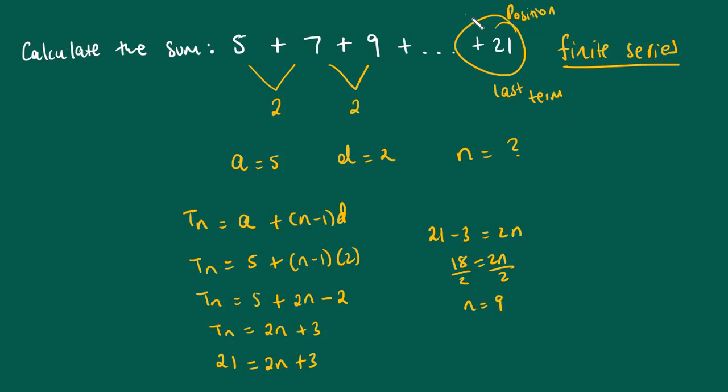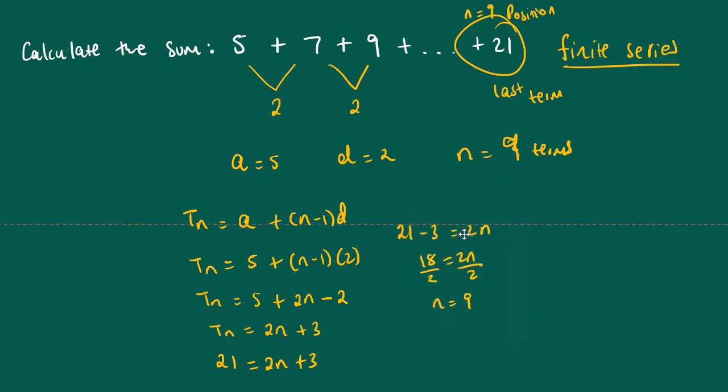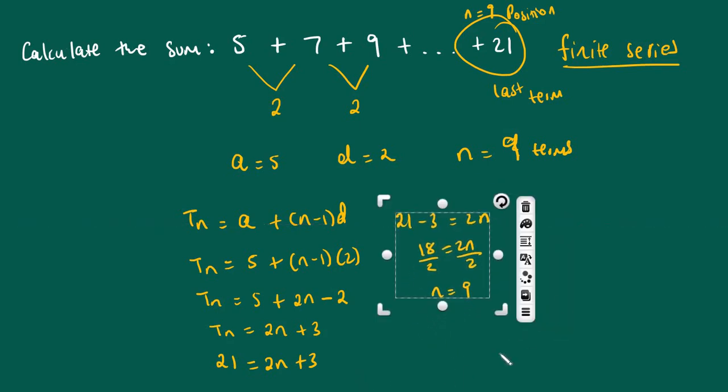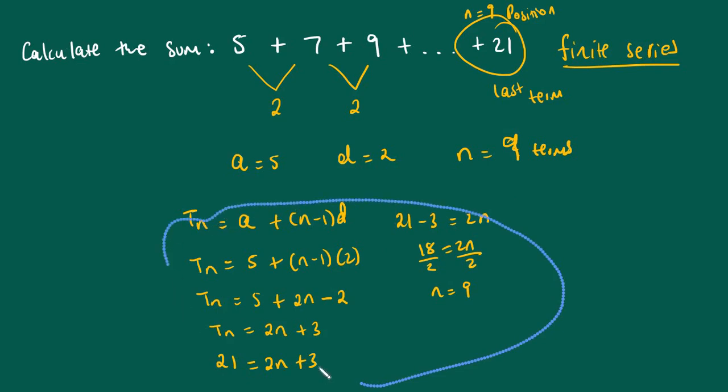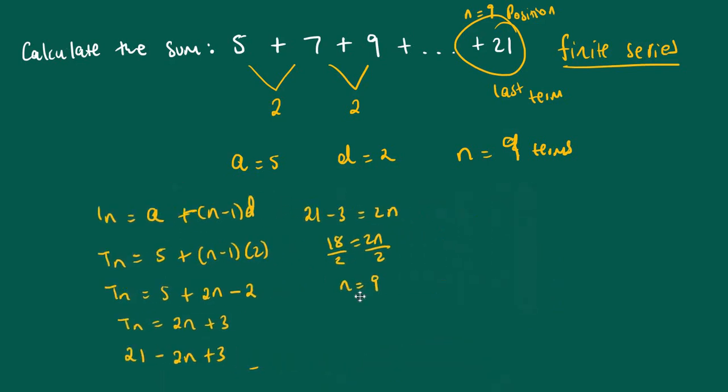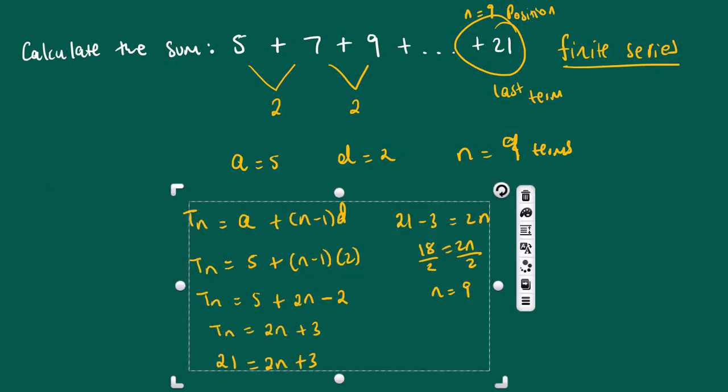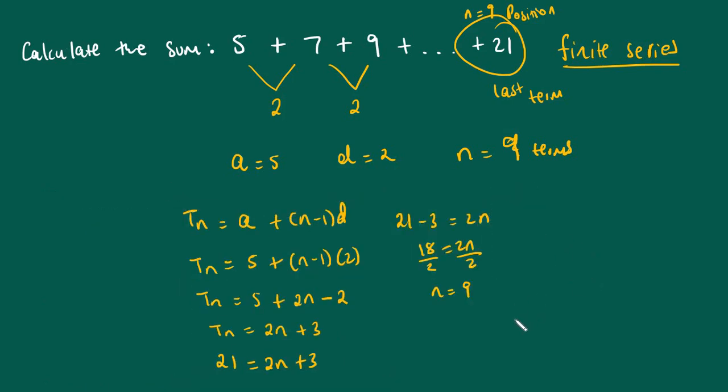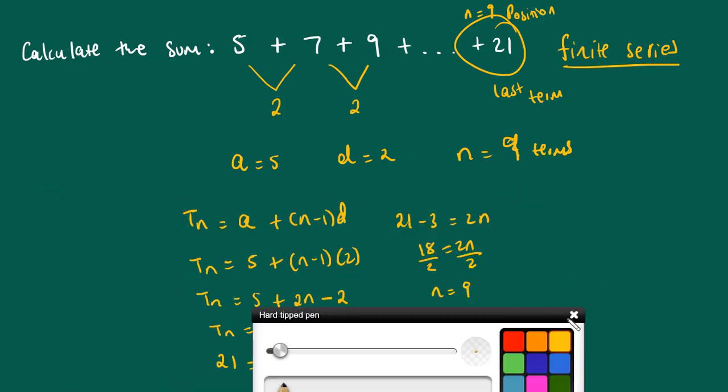That means the position of this one here is 9, which means there will be 9 terms. Then that's when you can calculate the sum, because now you know the number of terms. So now you can say the sum of those 9 terms.